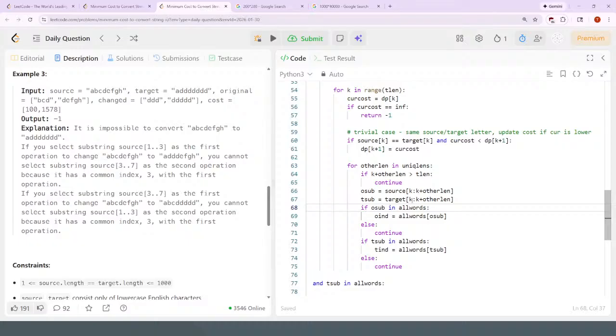Could also do if O sub in all words and T sub is in all words. Or if O sub not in all words and T sub not in all words, continue. That's probably just slightly better syntax. This looks really horrible. If O sub not in all words or T sub not in all words, skip this.